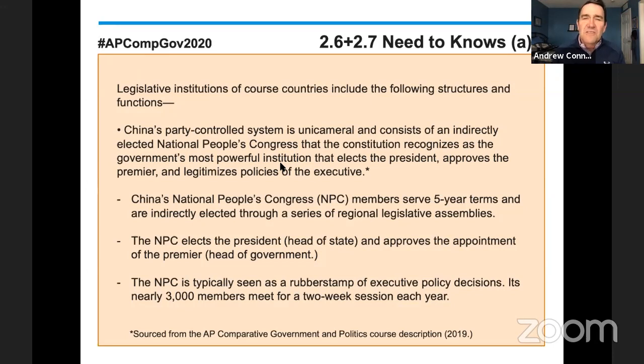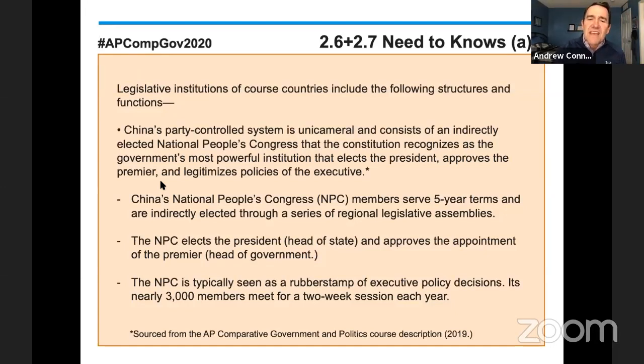In China's specific case, the legislature also elects the president and approves the premier. The reality is that the National People's Congress has never elected a president that the Communist Party didn't want to be the president. That's how the power moves. It does not go bottom up in China, it goes top down.